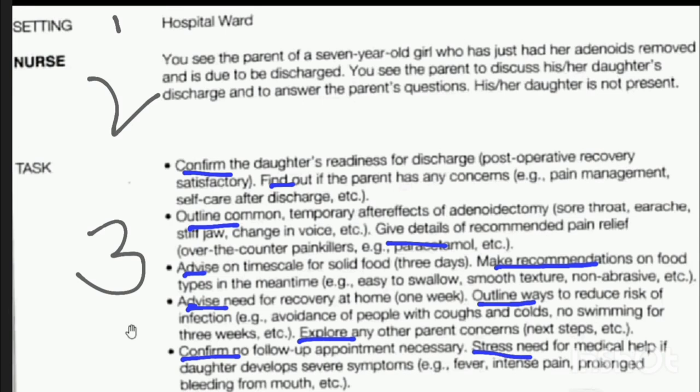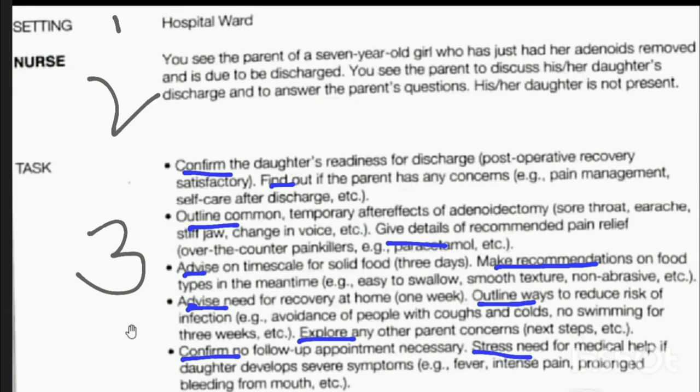Next step, etc. So for this we can construct the question like this, that the patient's mother wants to send her daughter to school, but the nurse can say, being a mother, your thoughts are sensible. However, I am sorry to say that she needs 1 week of rest at home for recovery.